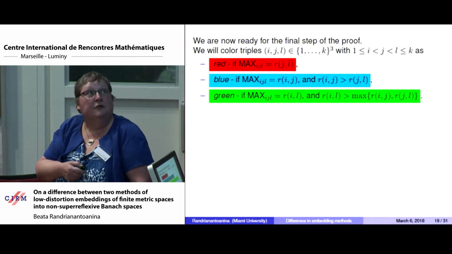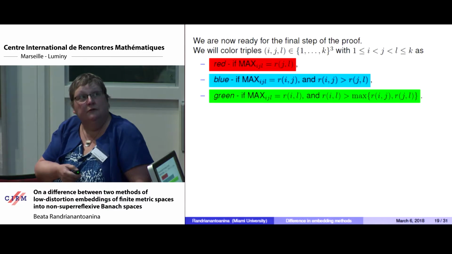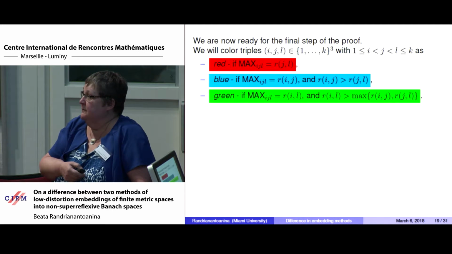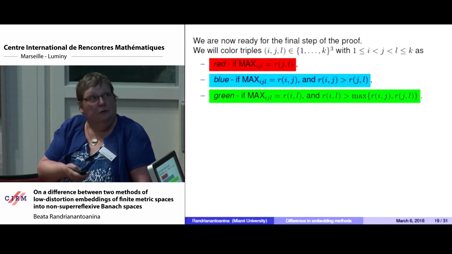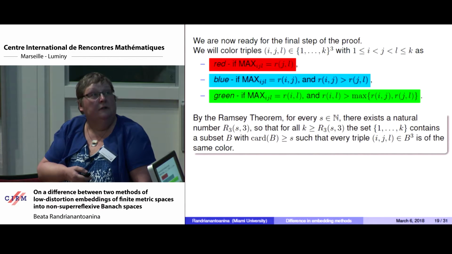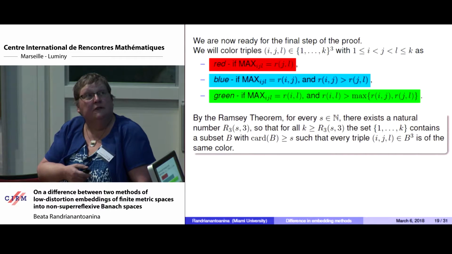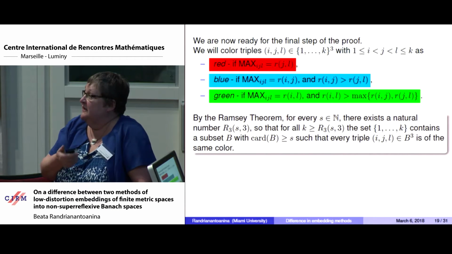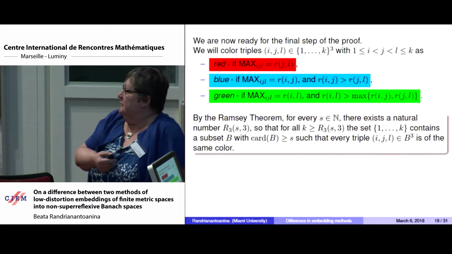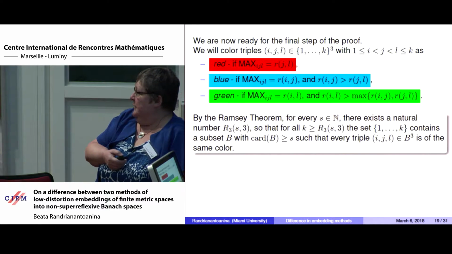And then this one but not one of the previous colors. So the first thing we know is by Ramsey theorem, we certainly can guarantee that all the triples will be of my fixed color.